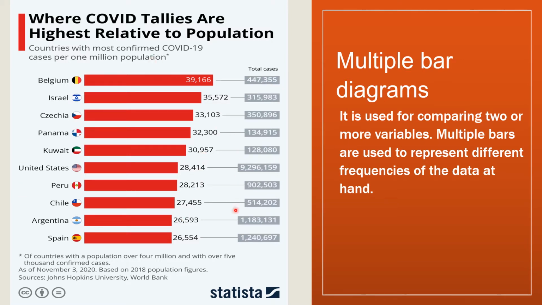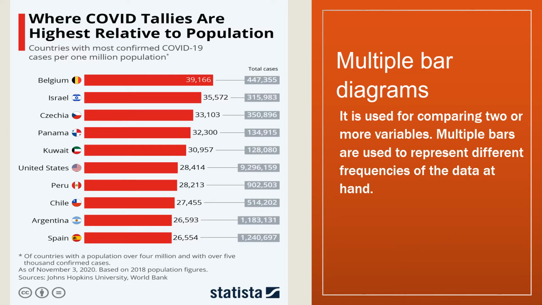For example, in this diagram, we have multiple bars to represent the COVID tallies that are highest relative to population: countries with most confirmed COVID-19 cases per 1 million population, in various countries, Belgium, Israel, Czech Republic, Panama, Kuwait, United States, Peru, Chile, Argentina, Spain, and so on. So you have a bar represented for each country, and the total number of cases of COVID in these countries is mentioned.